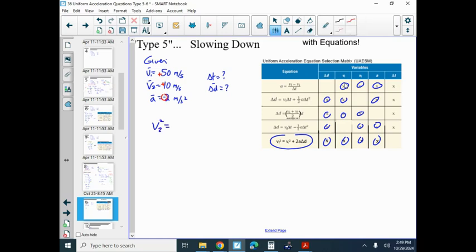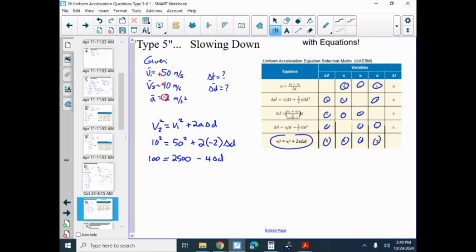V2 squared equals V1 squared plus twice acceleration delta D. And so we've got our 10 squared, we've got our 50 squared, plus twice our acceleration value of -2 and our displacement value we're looking for. So we've got just 100 and then a 2500, then a -4 delta D.